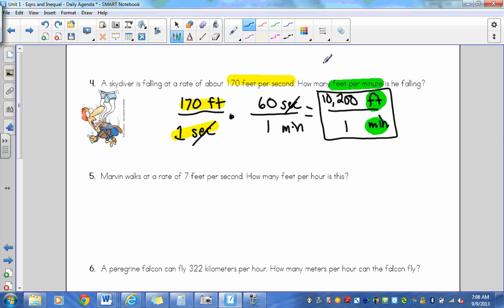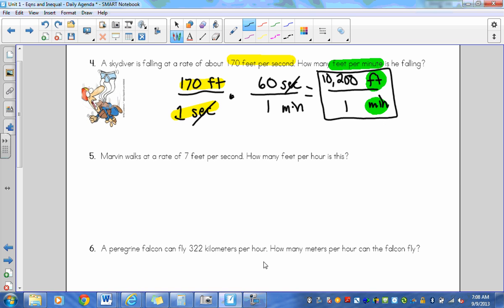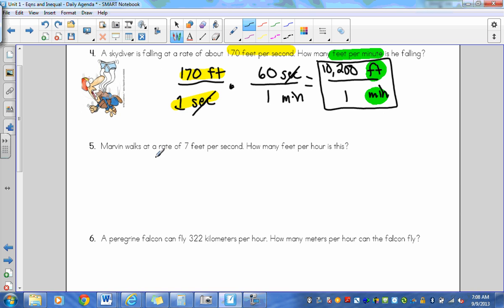All right. Marvin walks at a rate of 7 feet per second. How many feet per hour is this?